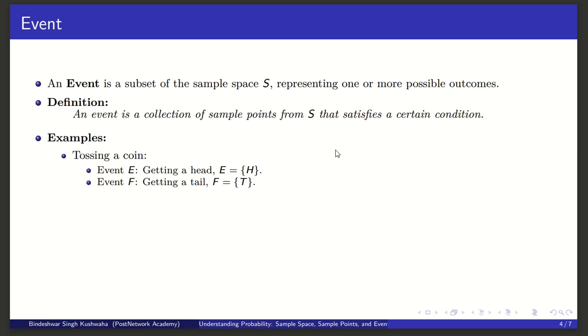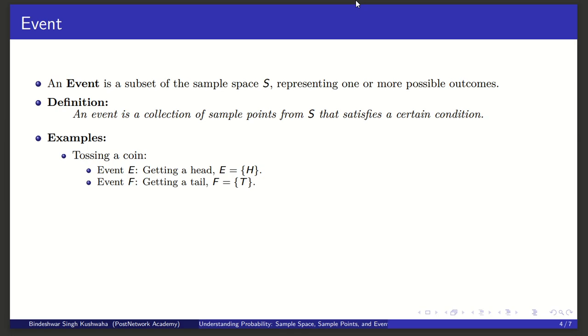Understanding event in probability is very important because you find the probability of an event happening, and throughout the probability lectures event will play a very important role. You should understand everything because probability is a little bit complex, and it requires more practice in every field, like solving numericals.